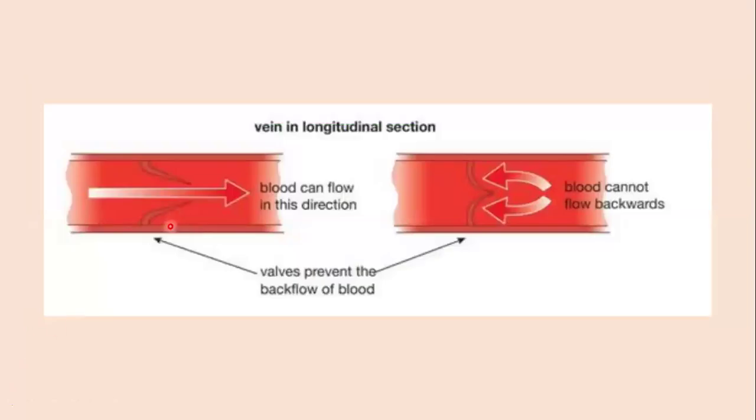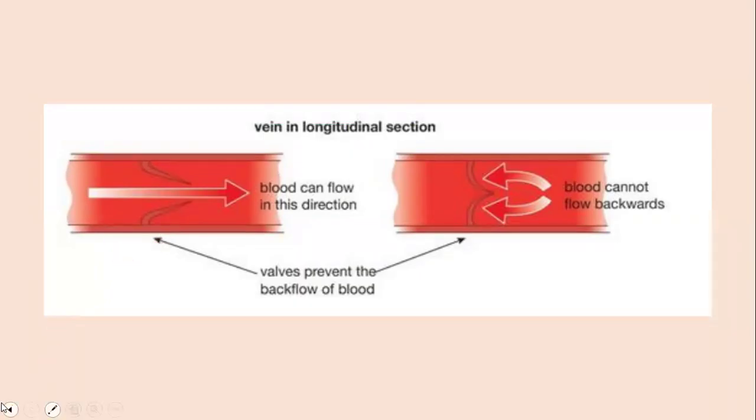Usually veins always carry deoxygenated blood from the organs back toward the heart. There is always a tendency that this blood can flow back to these organs again.